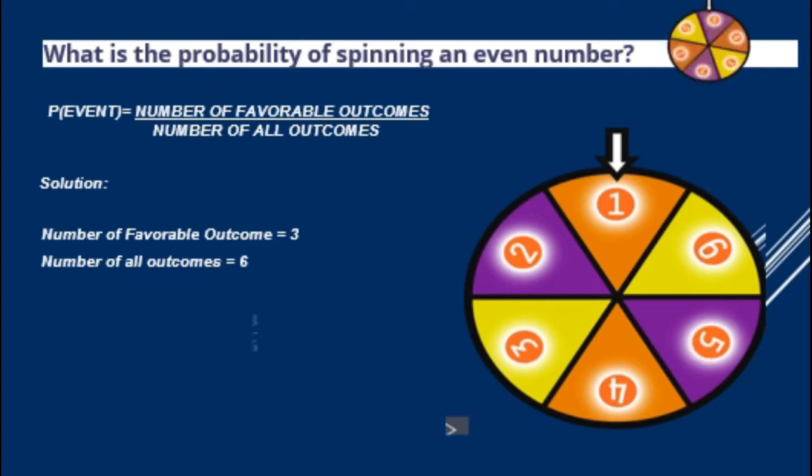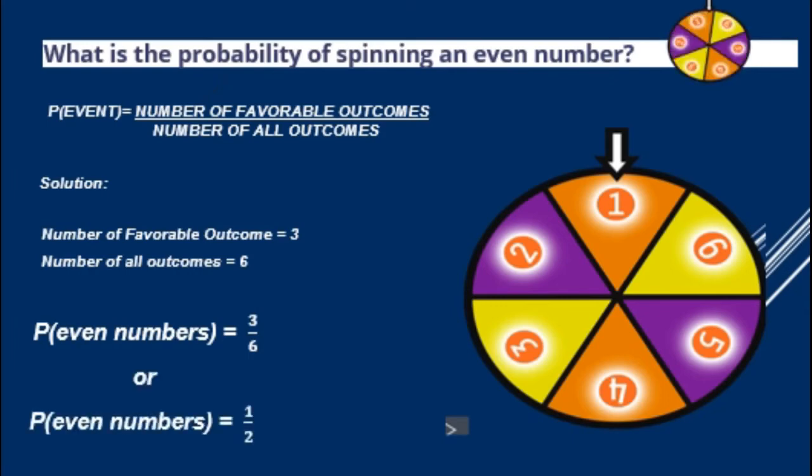Alright? So here is the solution. P of even numbers, since we are referring to even numbers, is equal to 3 over 6. Okay? And we need to reduce it into lowest terms. P of even numbers is equal to 1/2.